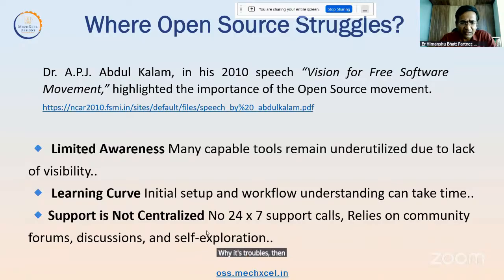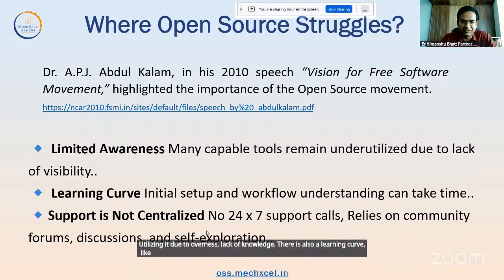Coming to engineering, why does it struggle then? What we feel is that it is because of limited awareness. The tools are available, but people are not utilizing them due to lack of knowledge. There is also a learning curve, as initial setup and workflow can take time.